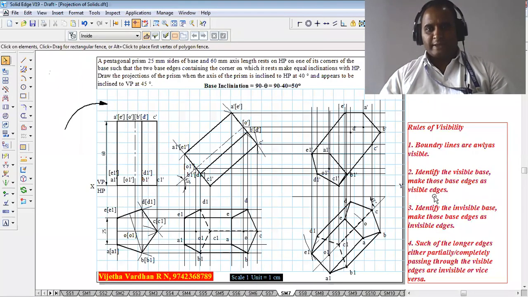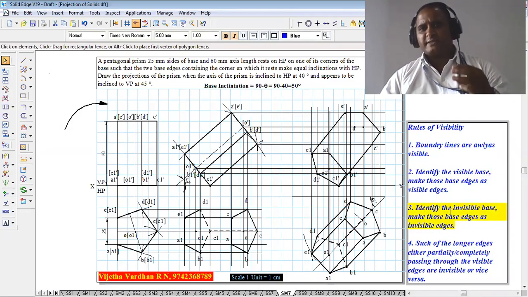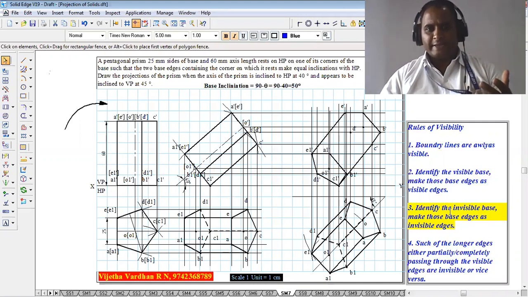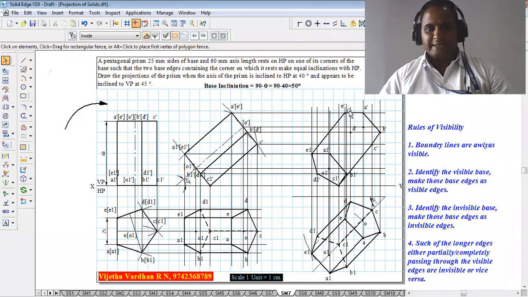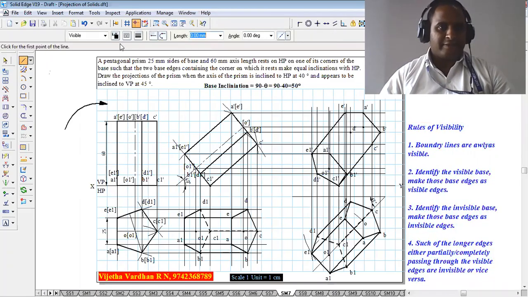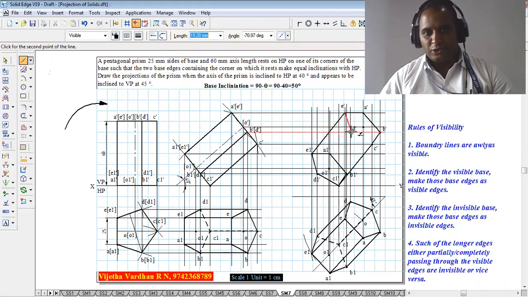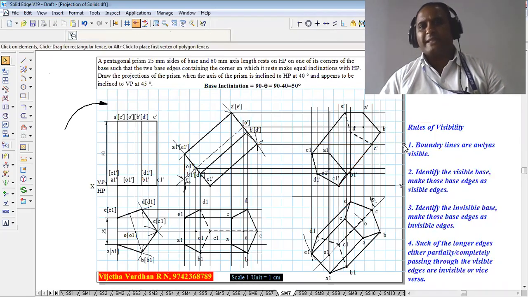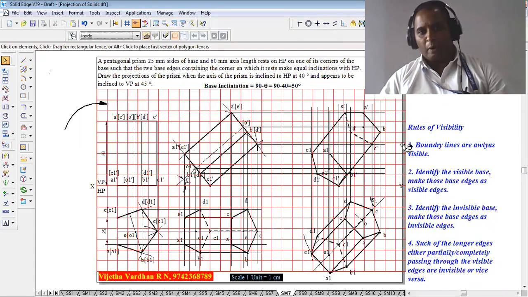After marking the bottom base as visible, the third point is to identify the invisible base and make those base edges invisible. Obviously, the remaining base is an invisible edge. Using your HB pencils, join E dash to D dash as an invisible edge and D dash to C dash as an invisible edge. The remaining 3 base edges form the boundary.